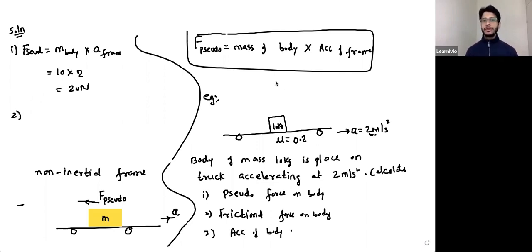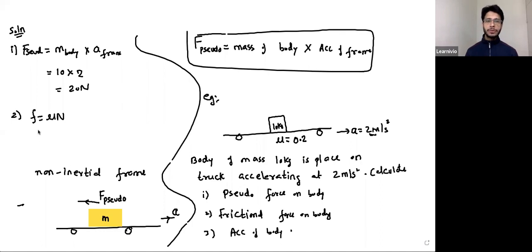After the pseudo force, the next thing is the frictional force on the body. So see, frictional force is mu N. If the coefficient of friction is not specified as limiting or kinetic, that means both are equal in this case.